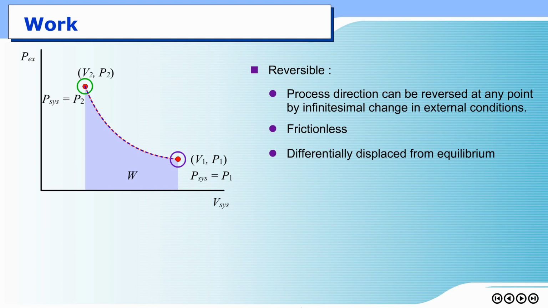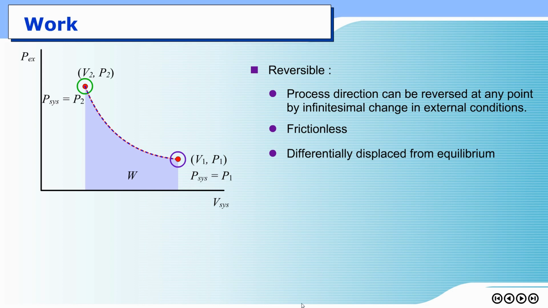Another important thing for a reversible process is that each step must be at equilibrium. So you put a grain of sand in there, you compress the piston a little bit, you have to wait until the piston reaches equilibrium before you put another grain of sand. If you put a very small amount of heat in there, you have to wait until everything reaches equilibrium before you put another amount of heat.